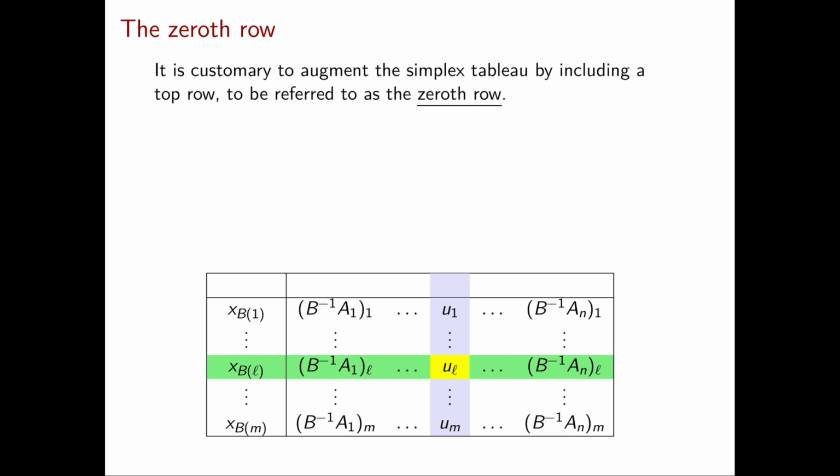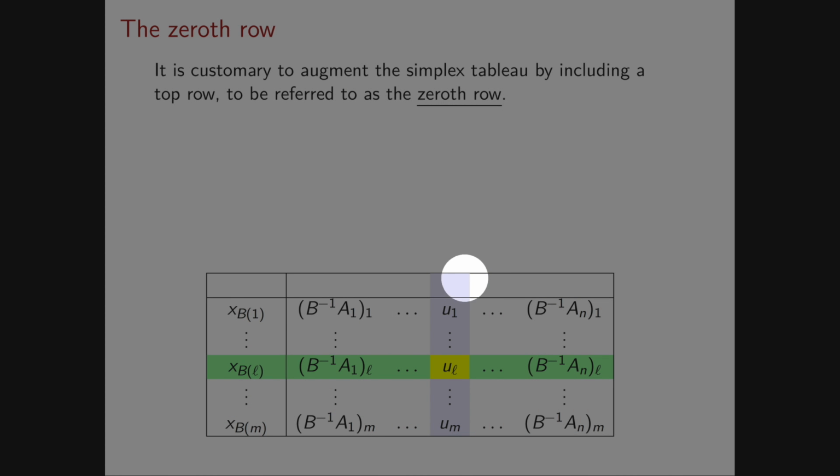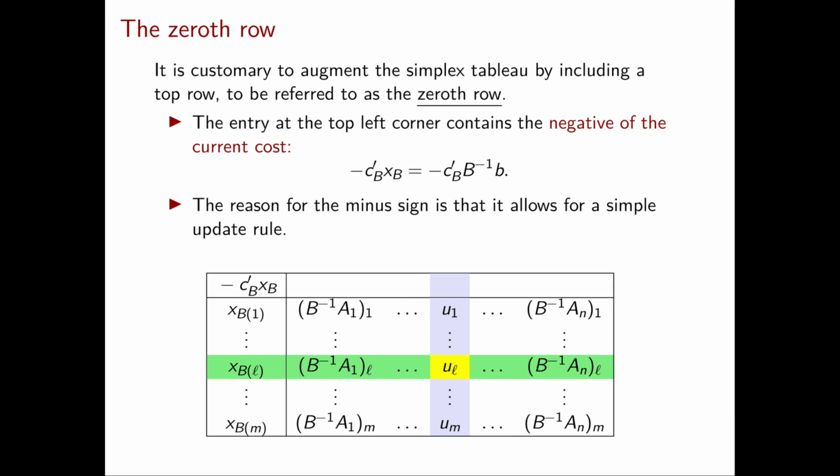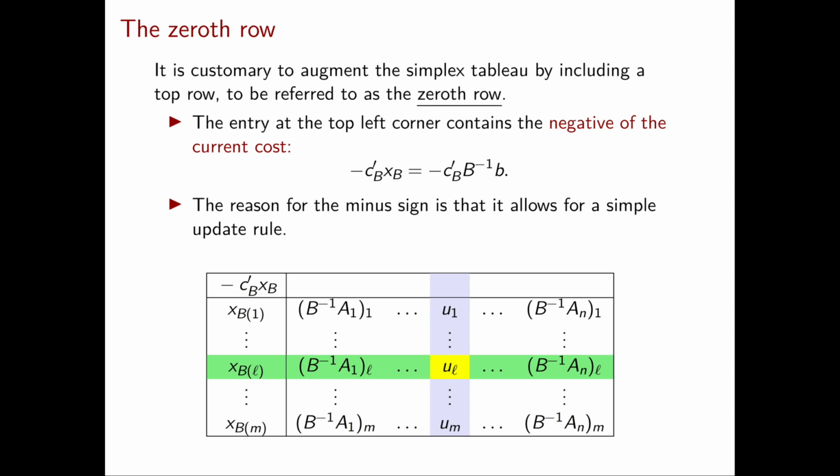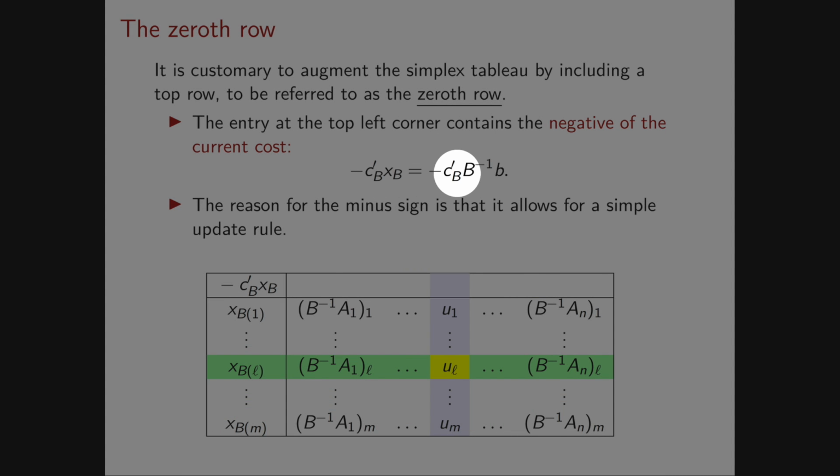To fix this, the next thing we're going to do is add one additional row to our tableau that will contain this information. And this additional row will be put on top of the current tableau and will be called the 0th row. At the top left corner, we put the negative of the current cost. So the formula is minus c_B transpose x_B, or in a different form, minus c_B transpose B inverse b.